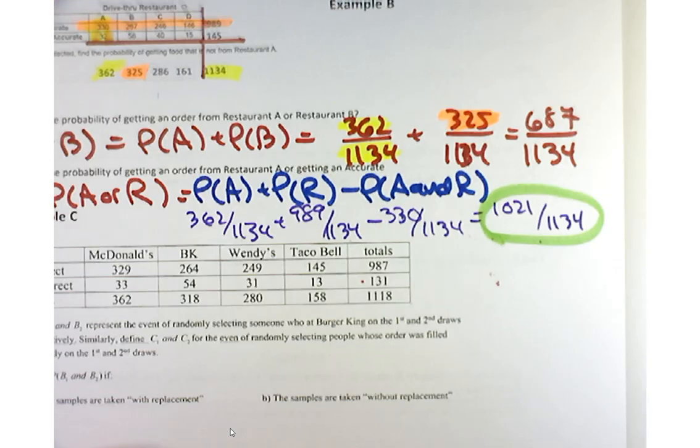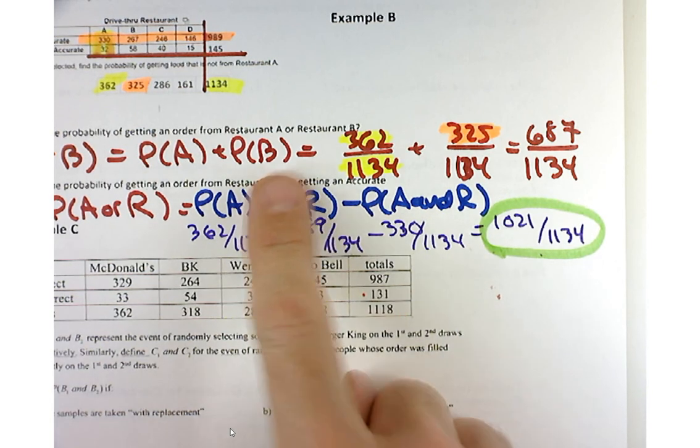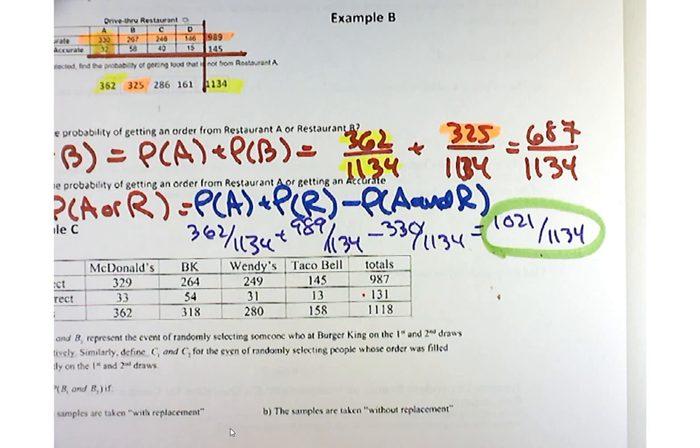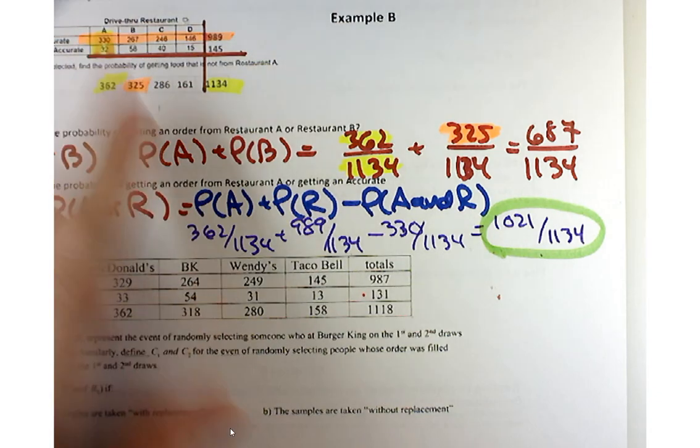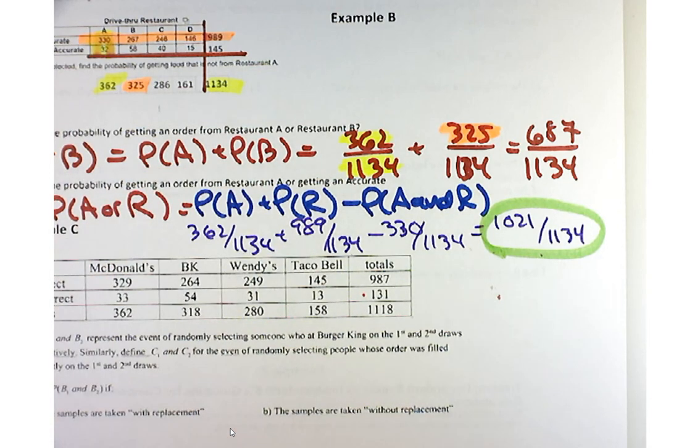So why didn't I have to worry about this kind of thing with the first one? Well, the reason goes back to the kind of events that these things are. And when A and B have no overlap, there's a couple things we say about those, or a couple different terms we use.